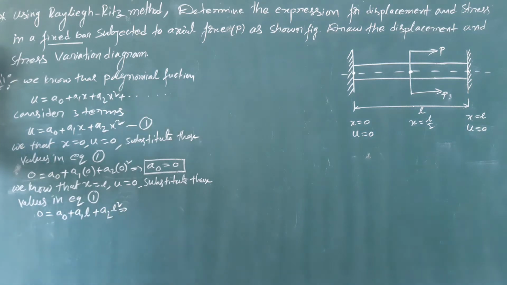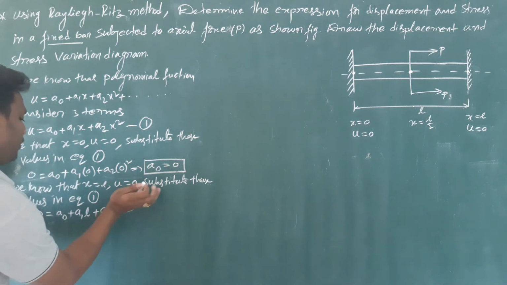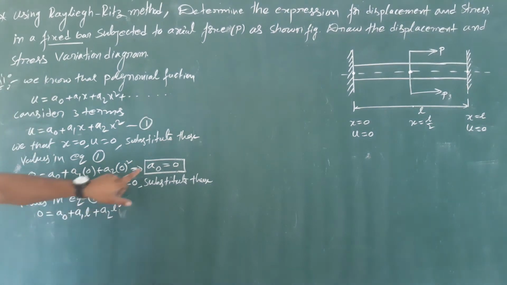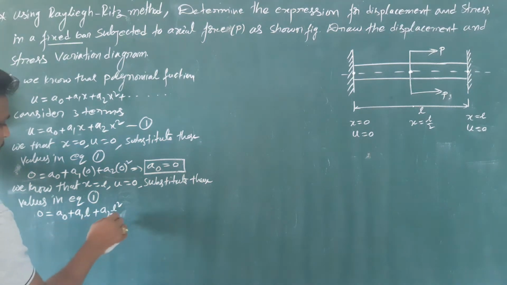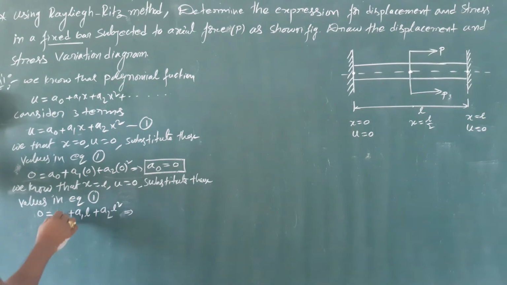So finally we got this equation. We know a0 is equal to 0, substitute here, then this entire term is also 0.